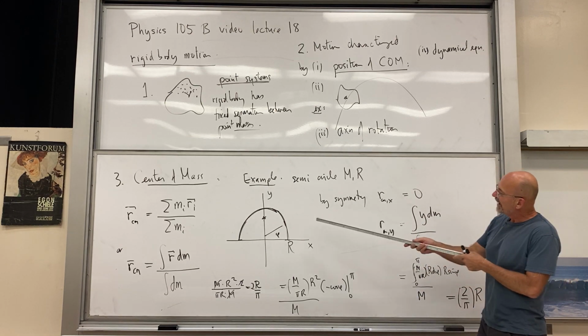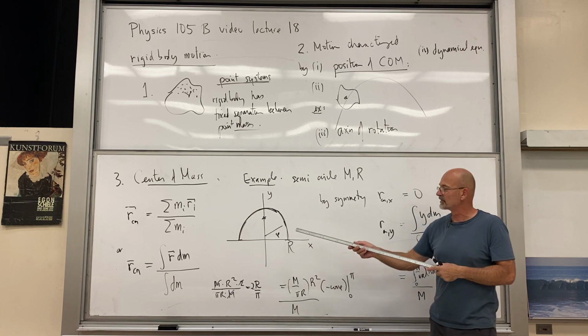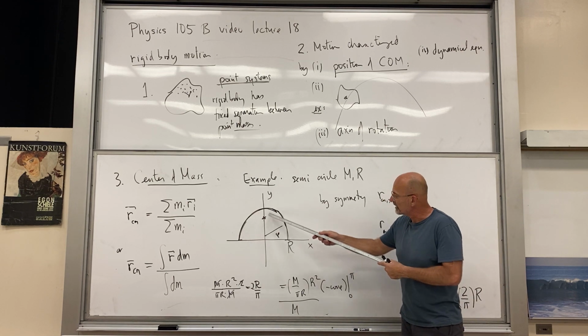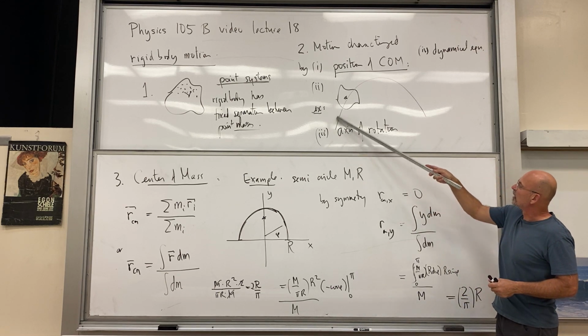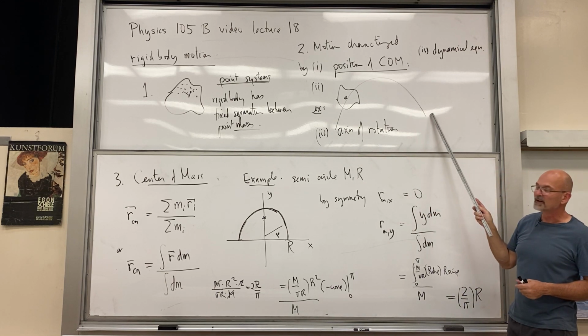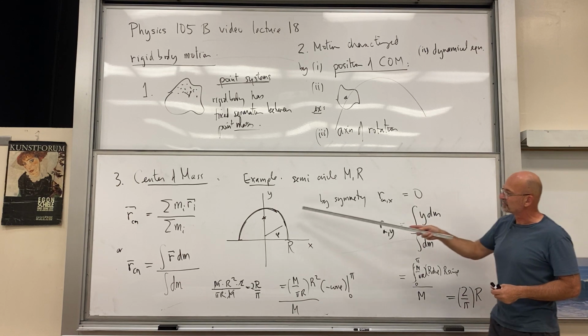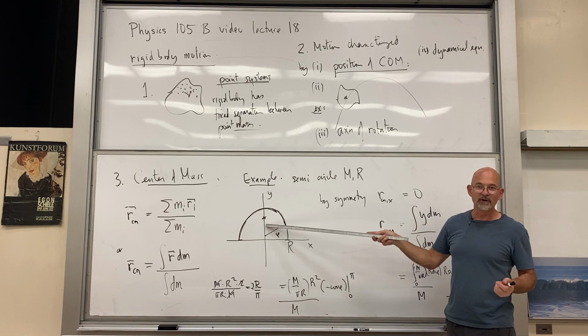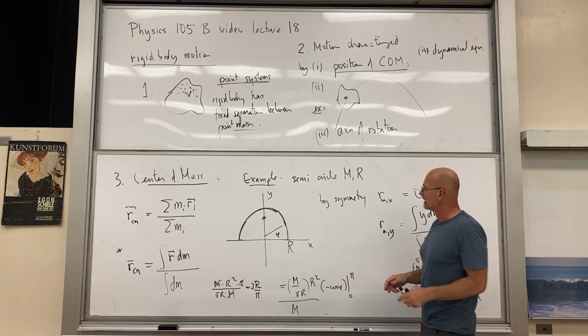The center of mass of this object, say a horseshoe, would be tumbling around its center of mass. The center of mass would describe a parabolic trajectory, even though that's an empty point in space. Good, so we have that.